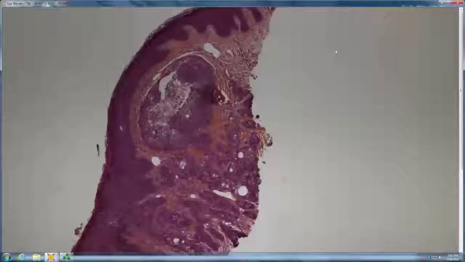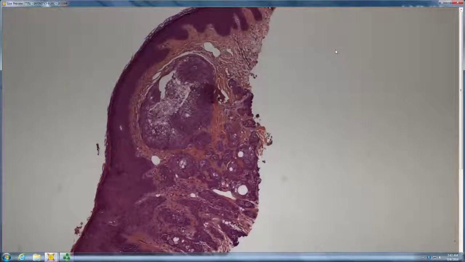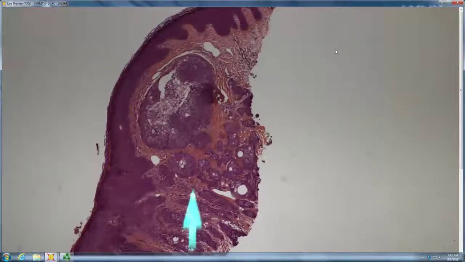Sebaceous adenoma is usually a big round ball, usually about 50-50 differentiated sebocytes and undifferentiated basal cells. So I prefer sebaceoma.